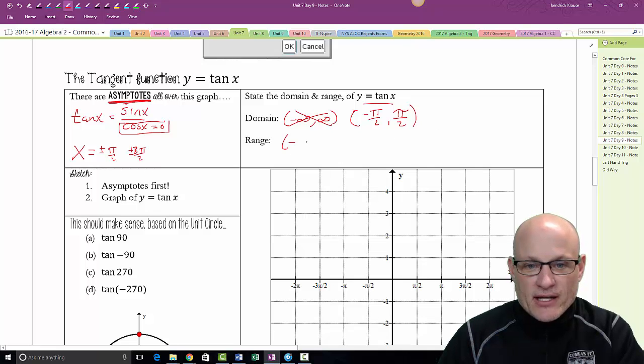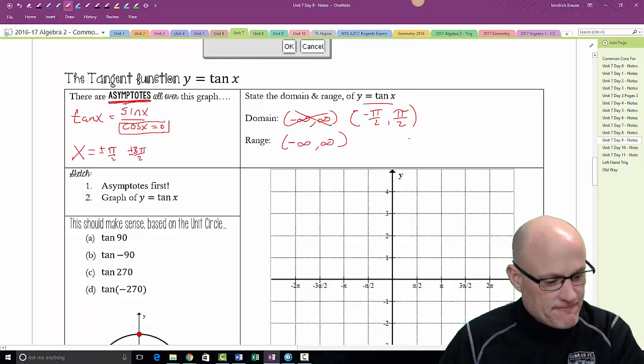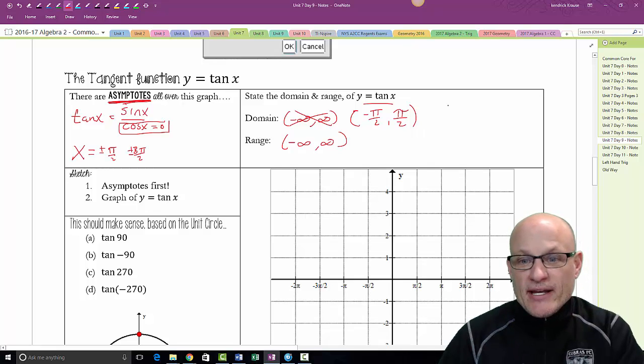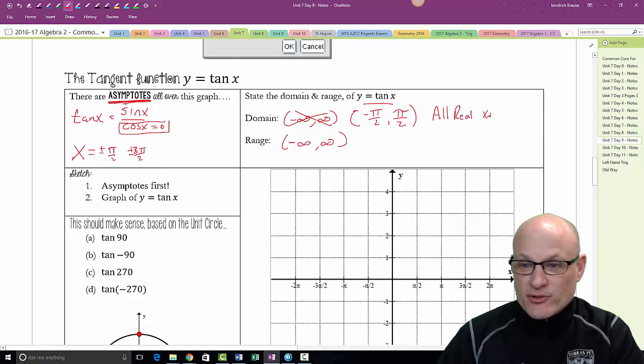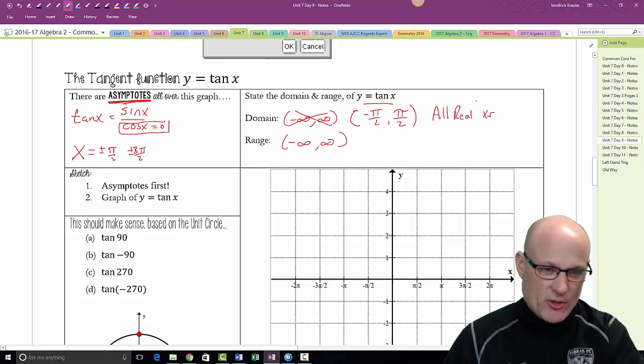And the range is from negative infinity to positive infinity. So the domain is all reals except x cannot equal plus or minus pi over 2. Actually, and then I can go plus or minus 3 pi over 2, or plus or minus 5 pi over 2, or plus or minus 7 pi over 2. So really it's odd multiples of pi over 2, which is kind of weird as far as the domain goes.